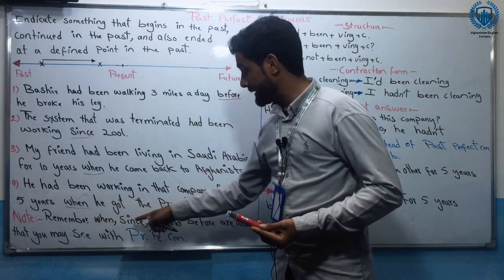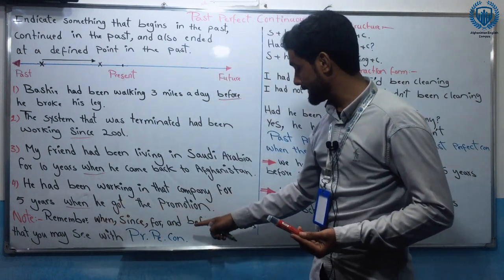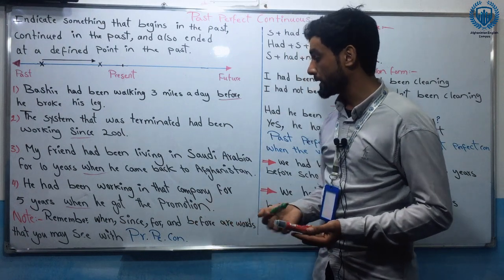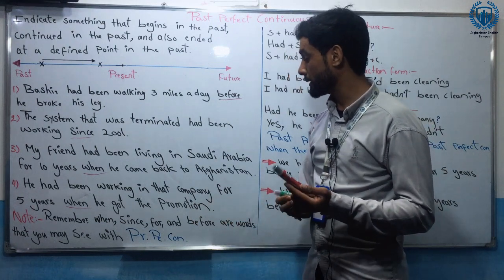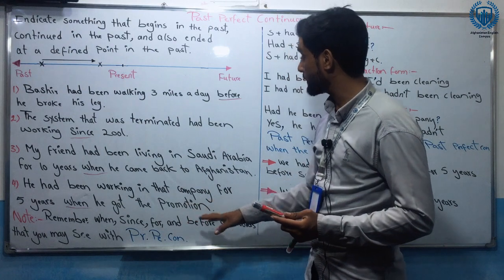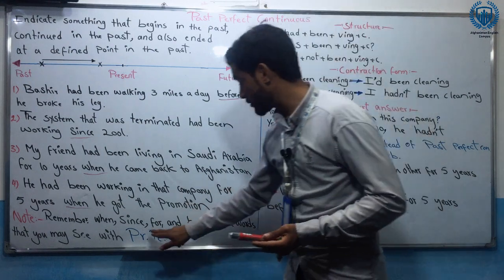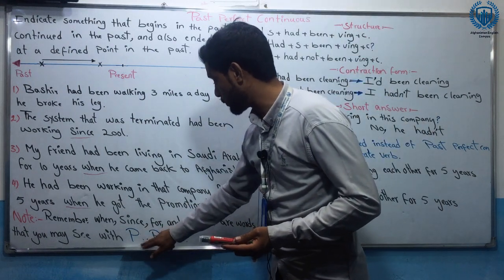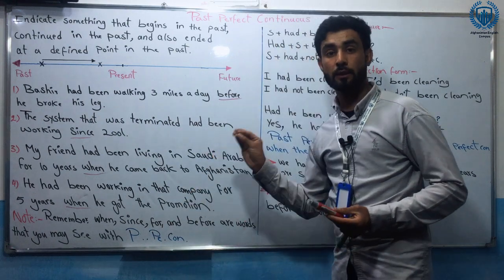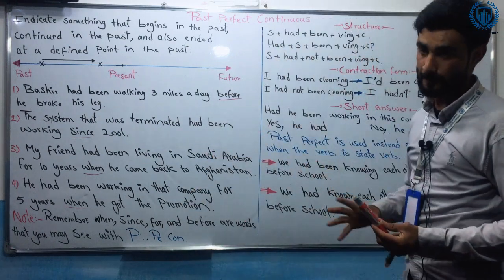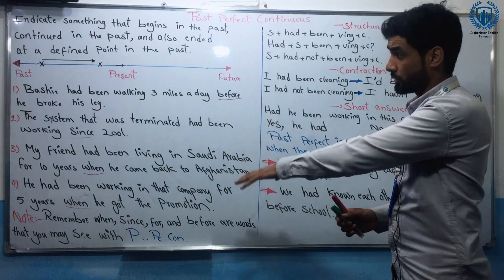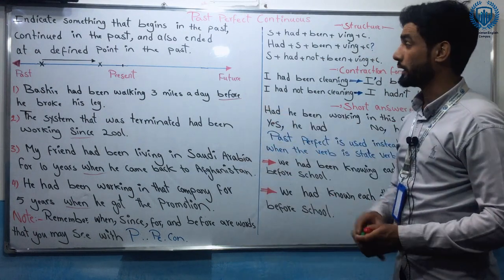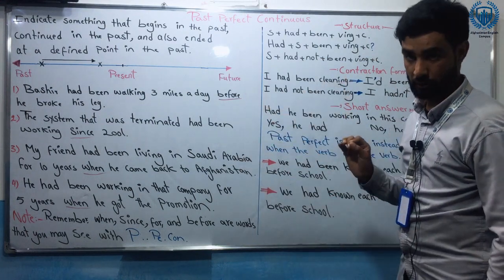Remember, when, since, for, and before are words that you may see with past perfect continuous tense. Hope you understood these sentences and the concept of past perfect continuous tense.